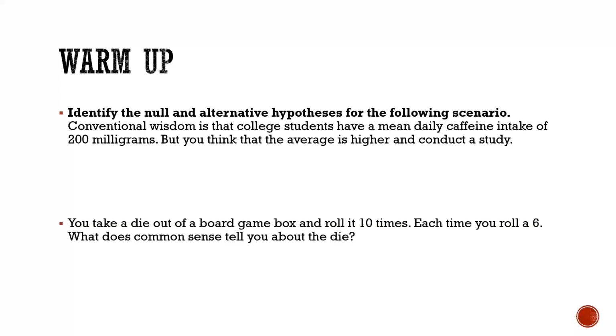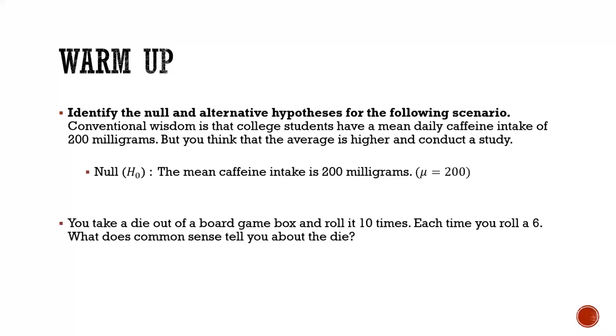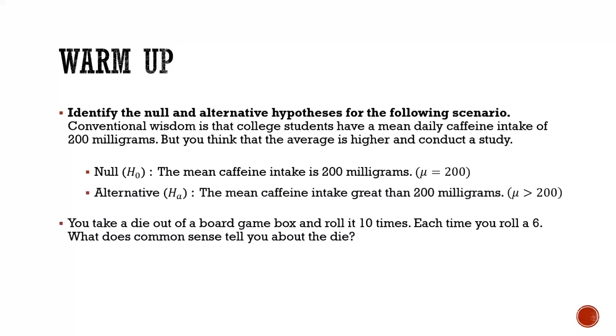So the null hypothesis is that mu equals 200. The mean caffeine intake of college students is 200 milligrams. And in this case, the alternative hypothesis is that it is greater than 200.